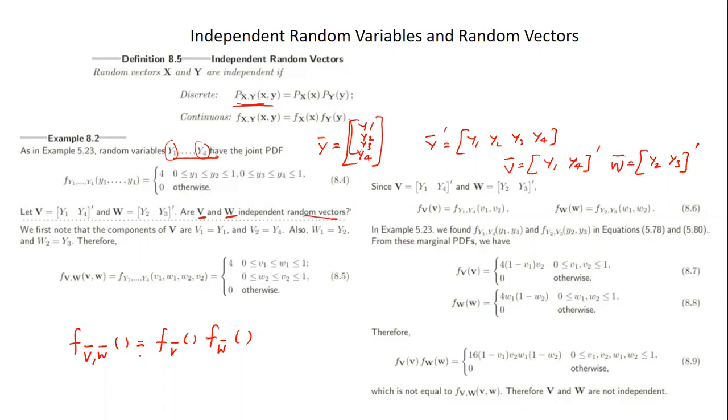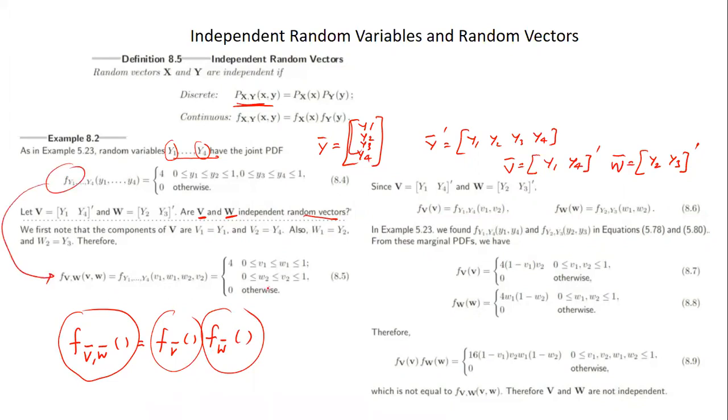Now, in order to prove this, we have to find the joint PDF of F V vector and W. Okay, we can also write this in this form as a vector. That's the same. There is no difference between these two representations. Now we define V and W, and now we have to determine this joint PDF and this joint PDF.